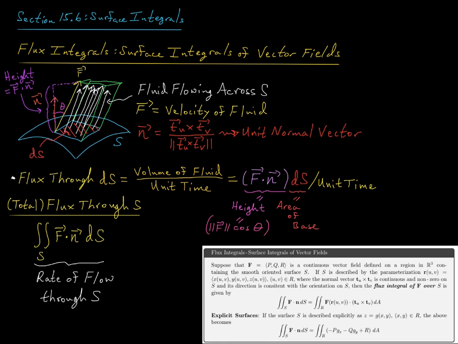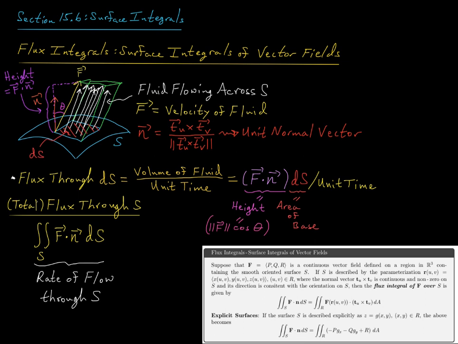So I want to take the magnitude of F, that's just the hypotenuse of that triangle, times the cosine of the angle theta. But if n is a unit vector, then its magnitude is 1. So this is really magnitude F, magnitude n, cosine theta. So that's just F dot n. So F dot n tells us the height of this box, and dS, as we just said, is the differential surface area element. That's the area of the base of this box. So its product will give us the volume of fluid that's flowing across this little patch per unit time.